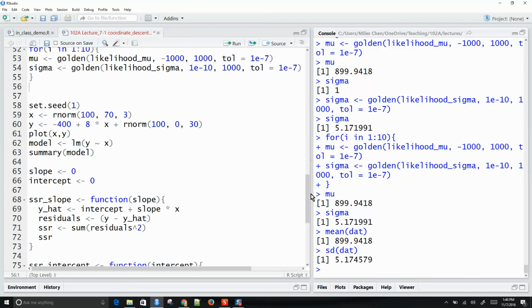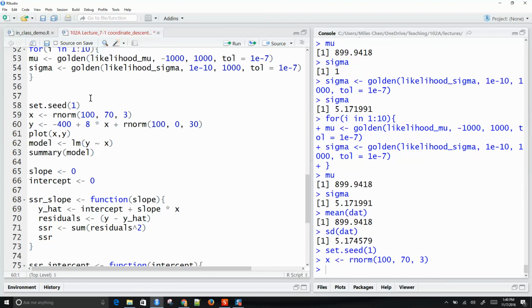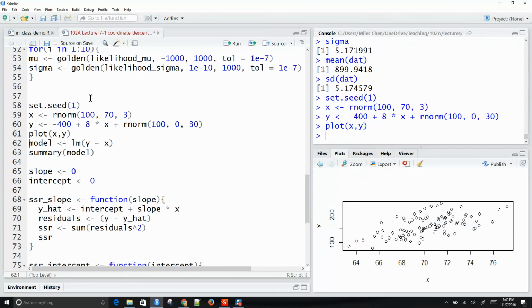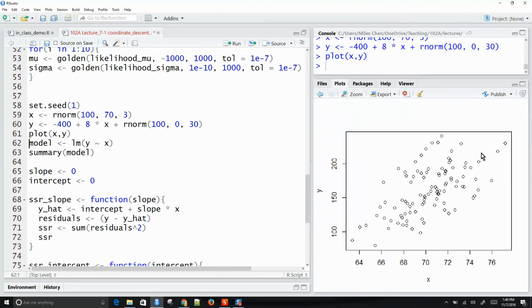Okay, so that's what I've done here. Here I'm just generating some data. Okay, and so here we want to find the line that's going to minimize the sum of squares residuals of this thing.